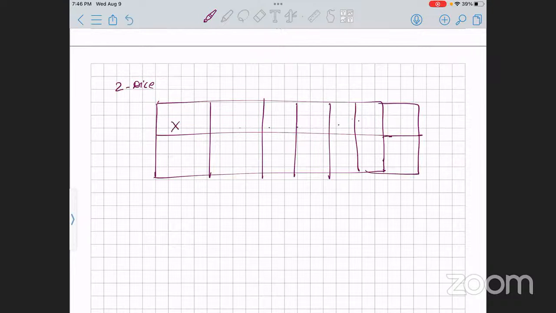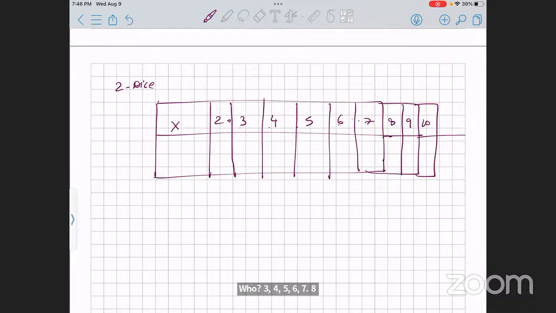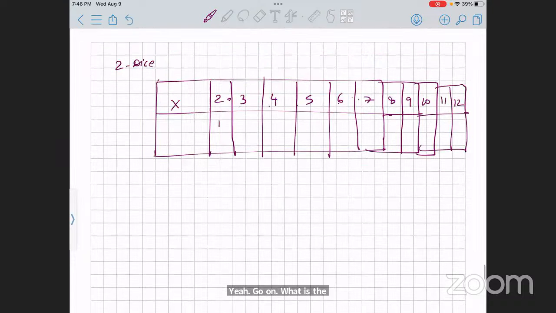So X equals 2, 3, 4, 5, 6, 7, 8, 9, 10, 11, 12. What is the probability of 2? 1 by 36.